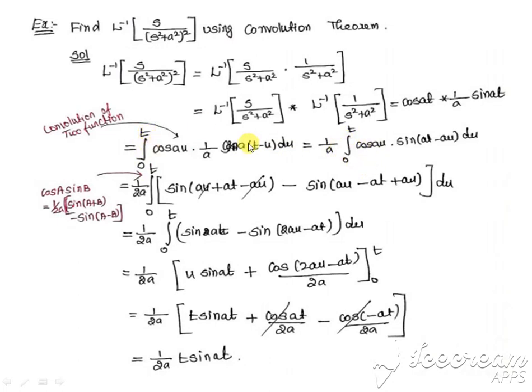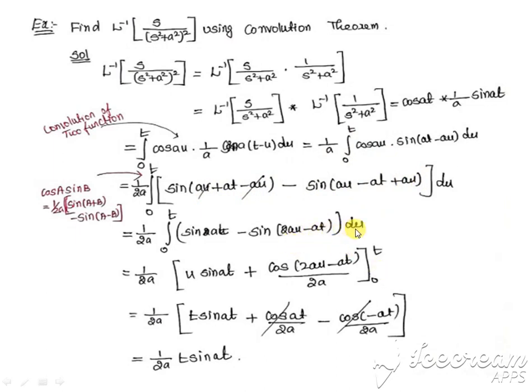Take 1 by a outside: cos au, and multiplying a inside, sin of at minus au, du. We already know the formula: cos A sin B is equal to 1 by 2 times sin of A plus B minus sin of A minus B. Use this formula, where this is A and this angle is B. So 1 by 2a, from 0 to t, this is the sin A plus B term and this is the sin A minus B term. Here au and minus au cancel, and au plus au becomes 2au.